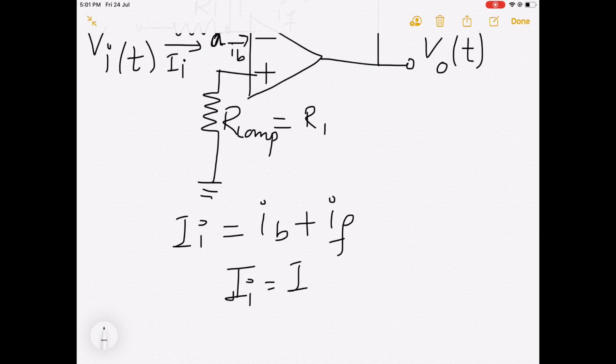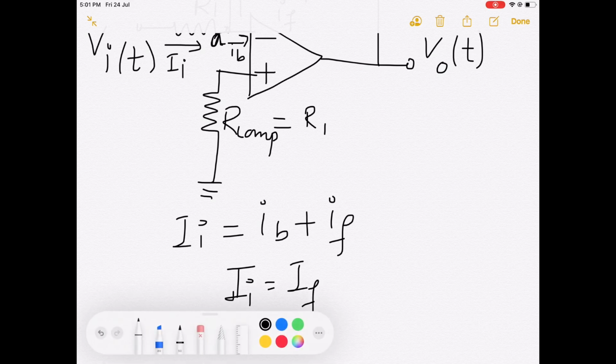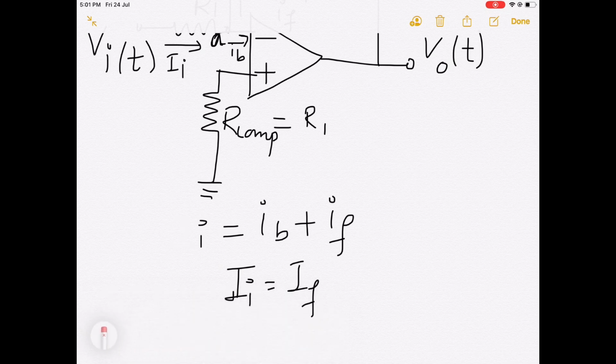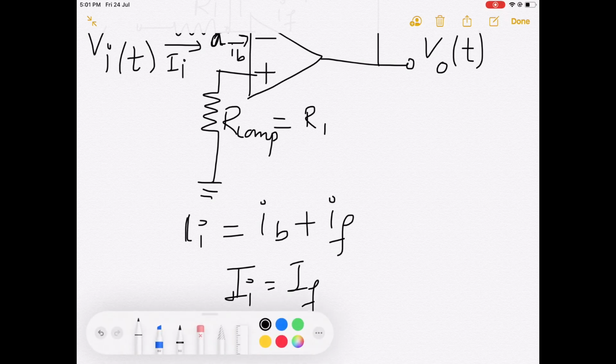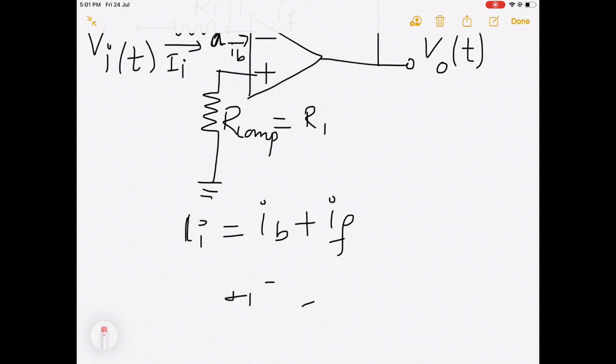So, your current II is equal to IF. Here for our convenience we keep all these notations in lower case, so that it will be easy for understanding.